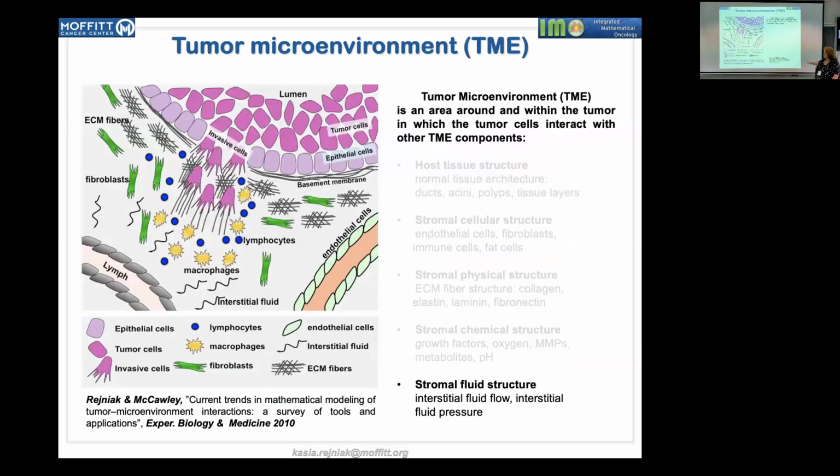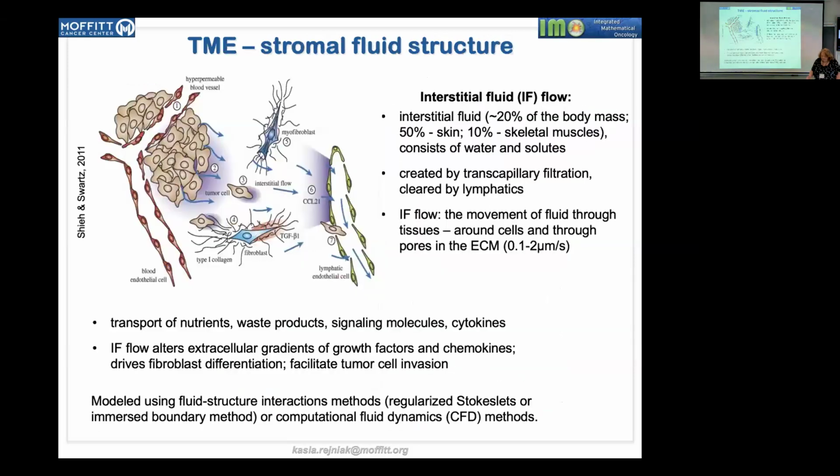Okay, so I will start with the fluid structure. Why fluid? My background is fluid dynamics, so I was happy to do this part, but when I started actually looking into it, I was also surprised. About 20% of our body is fluid, and for example, in the skin, fluid takes 50% of the skin. In muscles, it is of course less.